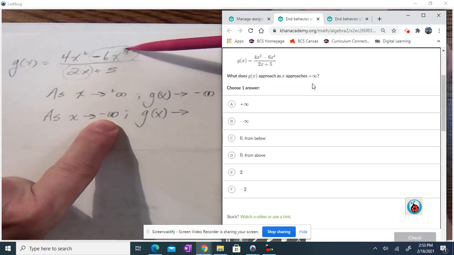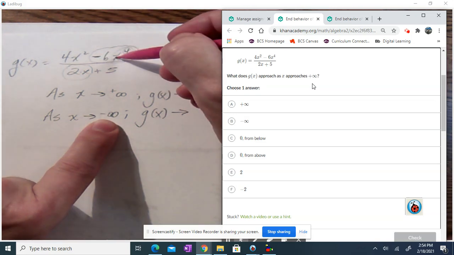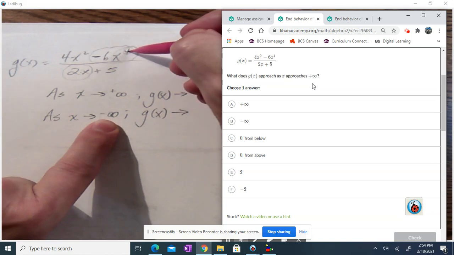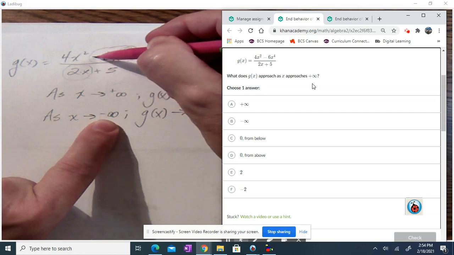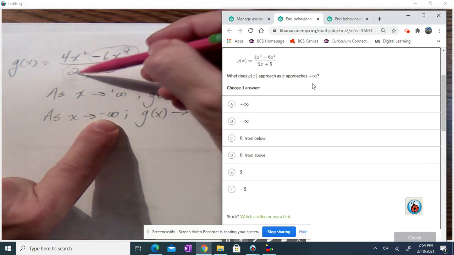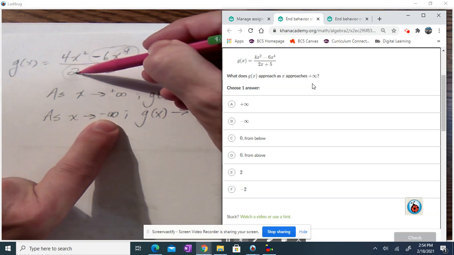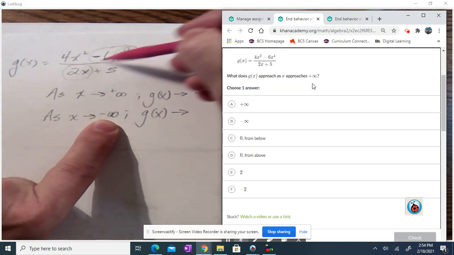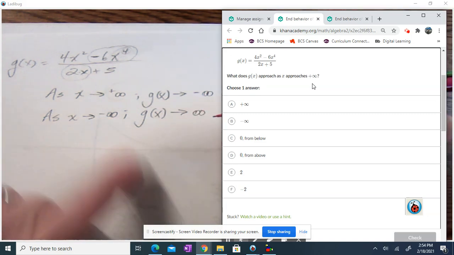So this is going to be negative on top, even though you're plugging in a negative number. Does that make sense? So a negative raised to the fourth power is going to be a positive, and a positive times negative 6 is back to a negative again. Now on the bottom, when you plug in a negative number and you multiply it by 2, you still have a negative number. So you're going to get a negative over a negative, which is a positive. So it's going to go to positive infinity.